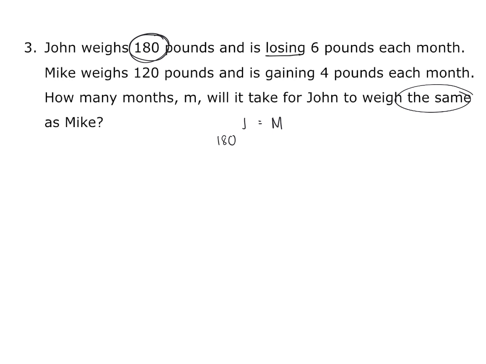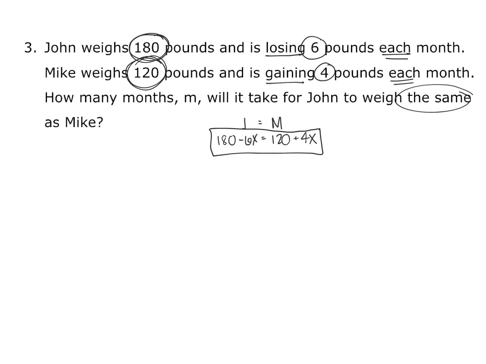Because it says he's losing 6 pounds each month, we're going to subtract 6 in this case. For Mike, his starting weight is 120, and because he's gaining weight, we're going to put plus 4 times X because it's 4 each month. We bring our equal sign down because we want to know when they'll weigh the same, and we put a box around our final answer.